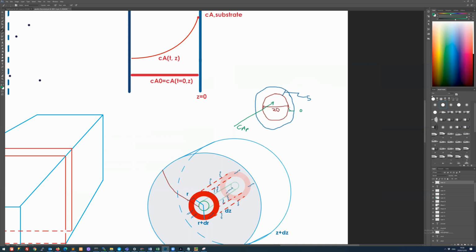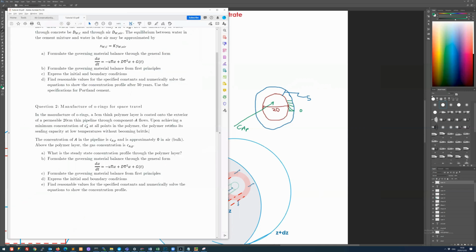As time goes on, more of A will enter until we reach some saturation value here. We don't need to go all the way to saturation. We just need to guarantee that we have at least A star, right? It says upon achieving a minimum concentration of A star in the polymer it will retain its sealing capacity. So that's what we want.